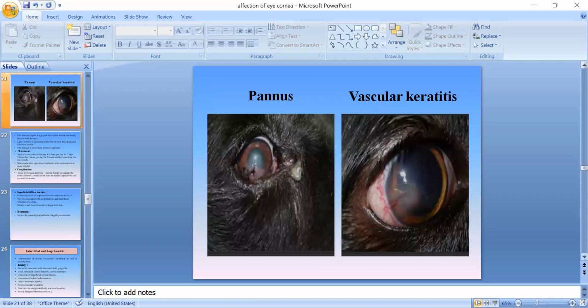You can see here vascularization, right? This one is vascularization from the conjunctiva and this part is the limbus. You can see here vascularization of the cornea, that is venous.